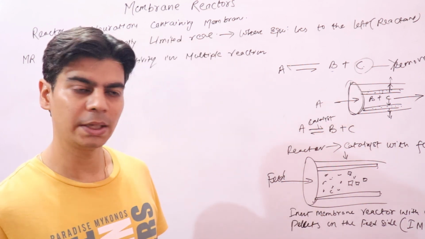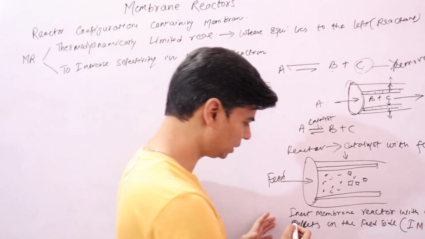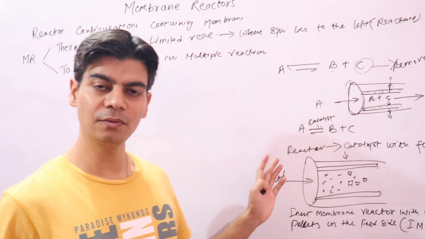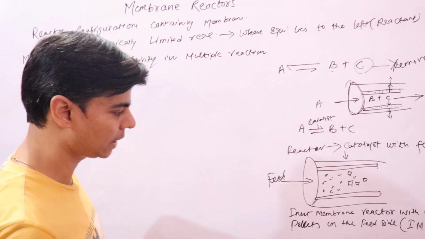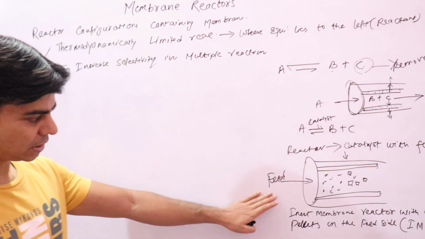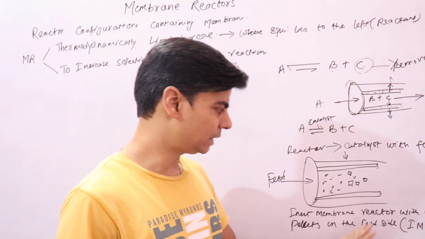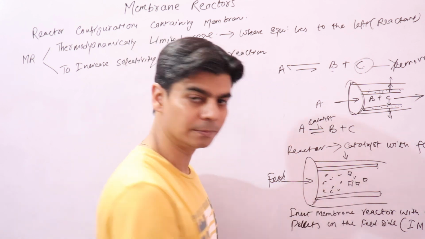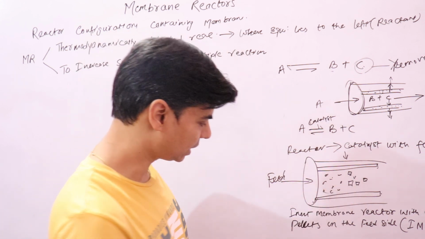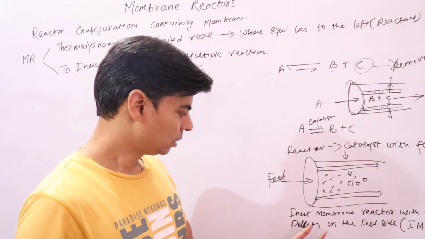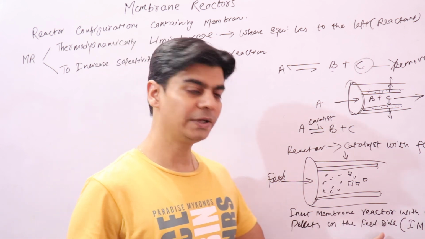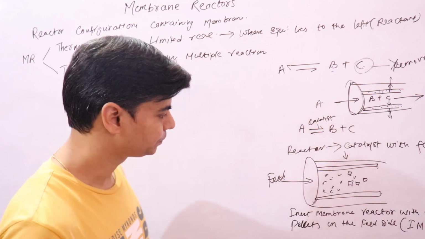Why we are calling it inert, you will understand once we look at the second type of membrane reactor. So this is the first type of reactor where you have catalyst along with the feed, or the catalyst on the reactant side. That is why we call it catalyst pellets on the feed side. Feed is your reactant side.